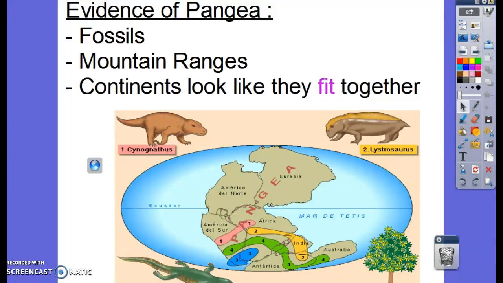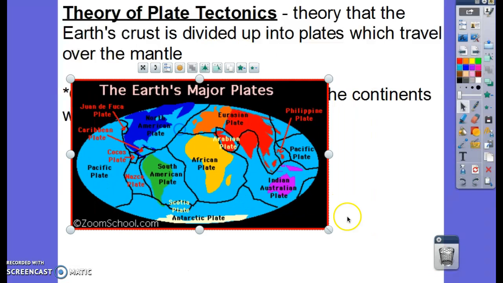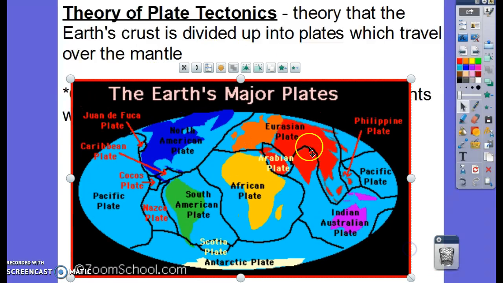All right, and then lastly, we have the theory of plate tectonics. So you might be like, Ms. Frankson, okay, great, the plates moved, but how did they move? Well, we have plates on our Earth. Okay, Earth's crust is divided into plates, and they travel over something called the mantle.